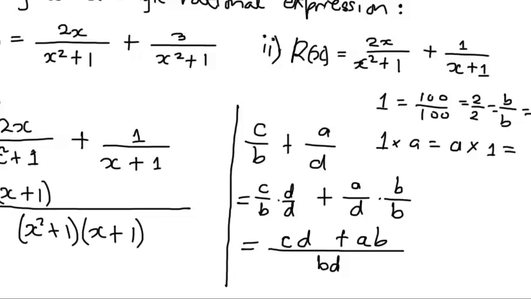It's like we're moving from this step to this step. We take b and multiply this denominator and get d, then that d multiplies c and we get cd. That's what we've got there. Then continuing, we add plus, take this second denominator, divide the common denominator, we get x squared plus 1. Then we're going to have 1 multiplied by x squared plus 1.